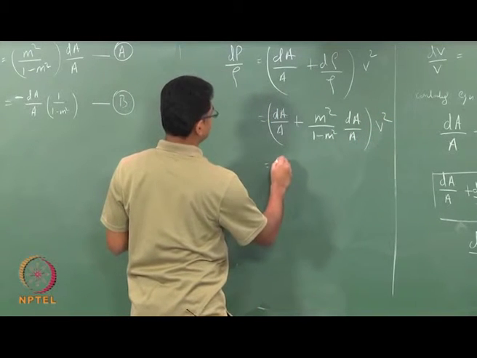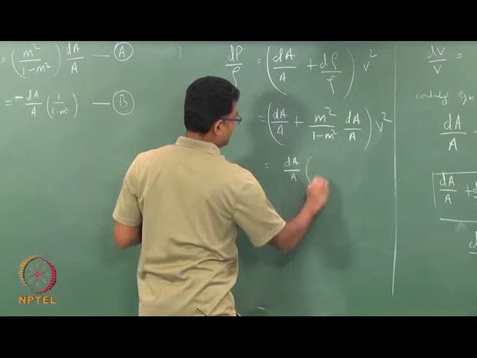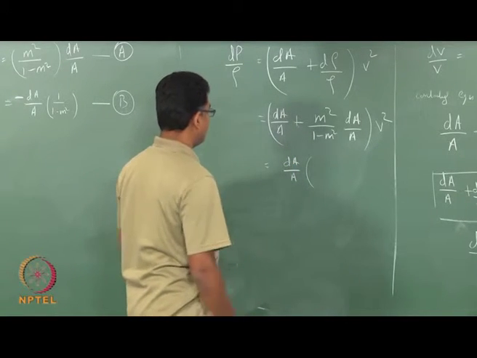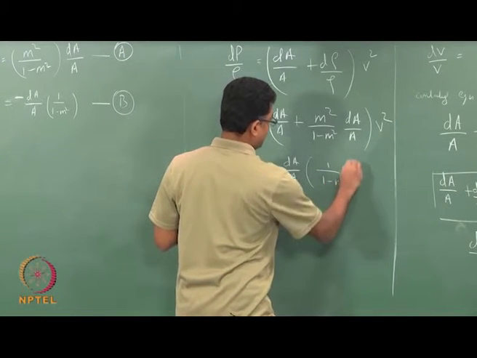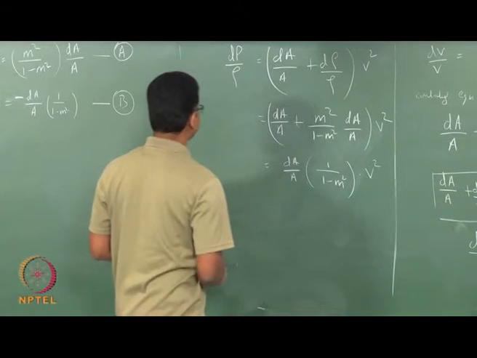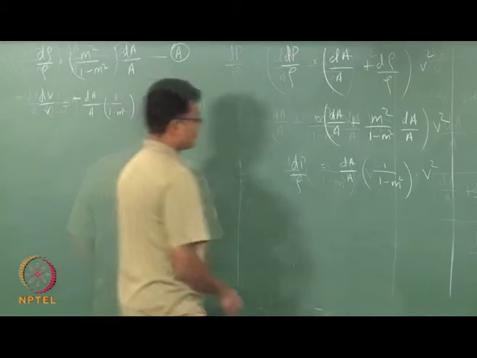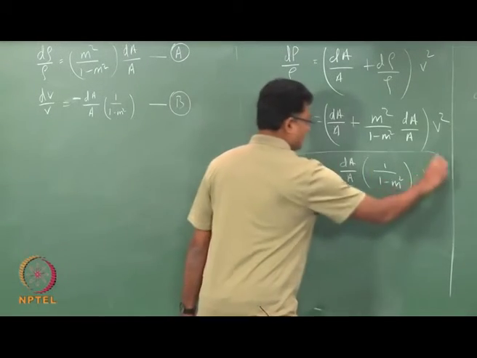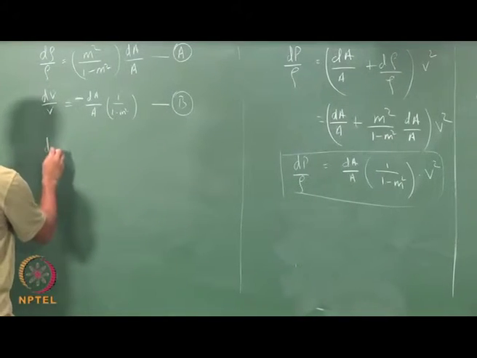So, this is dA by A, which is again 1 by 1 minus M square into V square, dP by rho. So, that is the equation for pressure change, which again I will write down here.